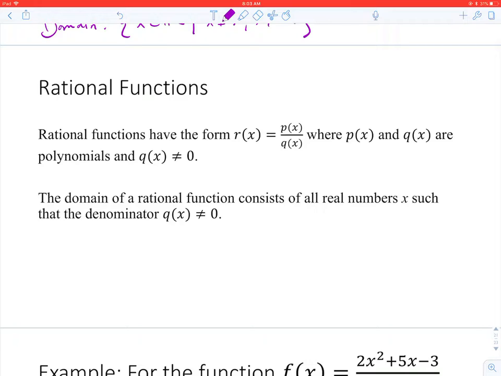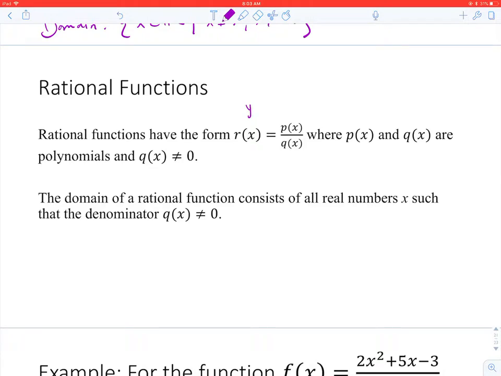And rational functions, we have an input and an output, and we can then represent those rational functions graphically. So rational functions have the form r of x equals p of x over q of x. That's using function notation. So p of x and q of x are polynomials where q of x cannot be equal to 0.